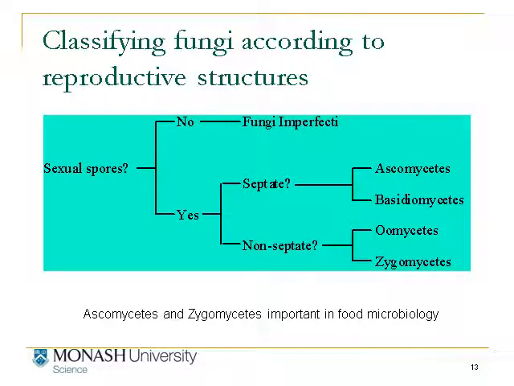Fungi imperfecti are fungi that are not capable of forming sexual spores, and the other four types are able to form sexual spores, resulting from the fusion of nuclei from two opposite mating strains of the same species of fungus.